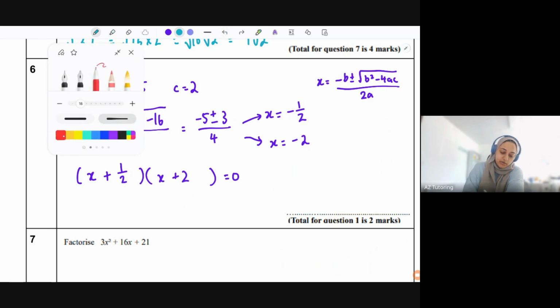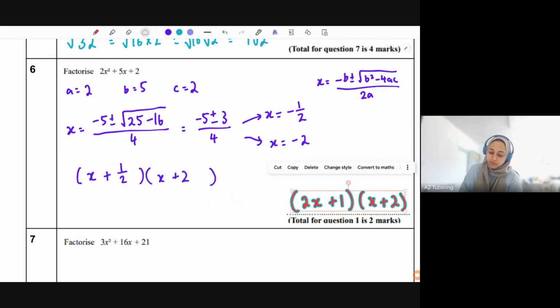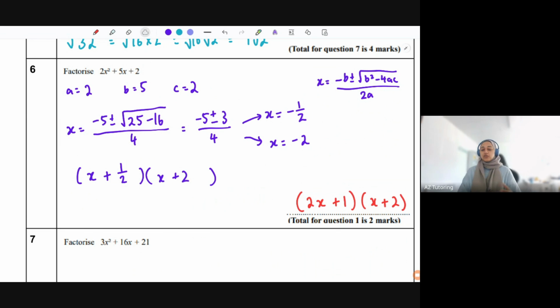I'm going to put this in red. So I get 2x plus 1. So times the 2 up. And then we can keep the second bracket as is, since 2 is an integer. And that's our final answer. So that's how you can factorize using the quadratic formula. So it's just less thinking, less trial and error, and you just get the answer immediately.